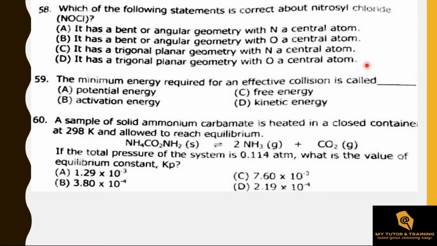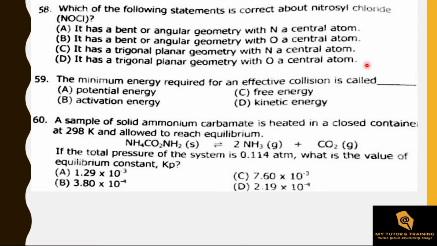This means P of NH3 is equal to twice P of CO2. And you are given the total pressure, which is 0.114 atm.